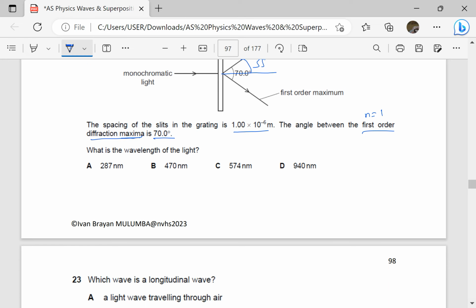So for a diffraction grating, we now know that n lambda is equal to d sine theta. So n is 1 because it's first order, and the wavelength is lambda. This should be equal to d. The spacing of the slits in the grating is 1 times 10 power negative 6. So this will be 1 times 10 power negative 6 sine of 35.